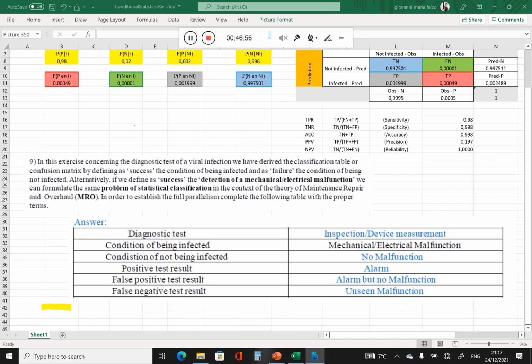This completes the exercise, which we thought can give you some kind of bridge between what you have seen in the naive theory of probability when you were studying conditional probability, and the classification method, which is used in descriptive statistics to approach more systematically the problem of binary classification.